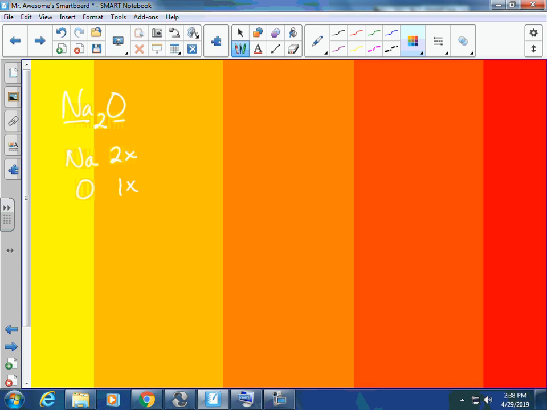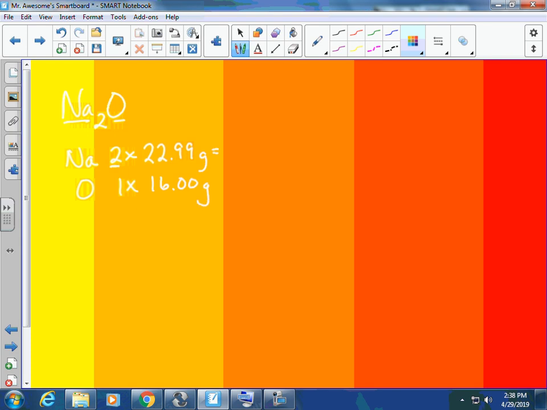So when we're doing molar mass, we use the values given on the periodic table for atomic mass. For sodium, it says the mass is 22.99. So when I find the overall mass, I'm going to be using 2 times that because there are 2 atoms. And then oxygen is just going to be 16.00 grams.